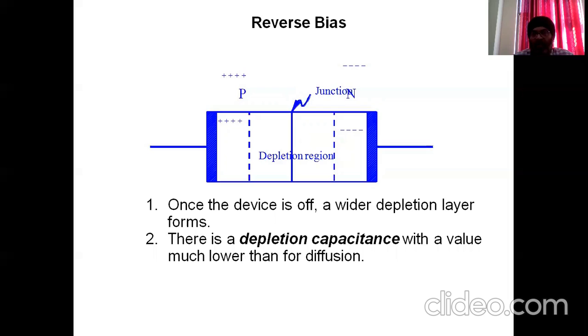When we go for biasing, either forward or reverse, the depletion layer keeps changing and capacitance develops. In forward bias, the capacitance is called diffusion capacitance, having a larger value. During reverse bias, it is called depletion capacitance, having a smaller value compared to the diffusion capacitance.